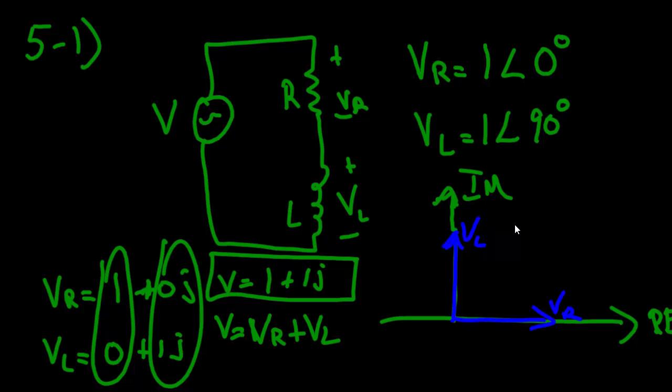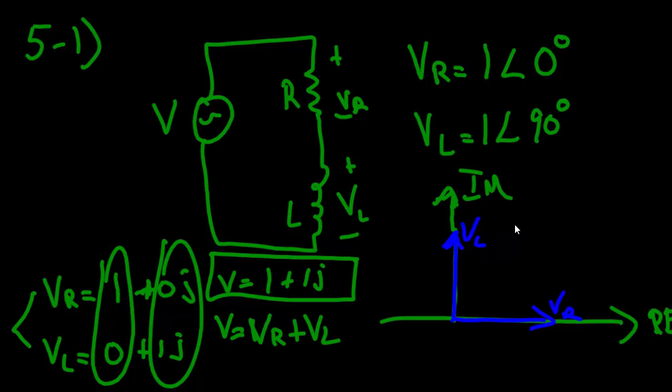So that's part A. Part A just asks to write VR and VL in rectangular form, which we did right here.